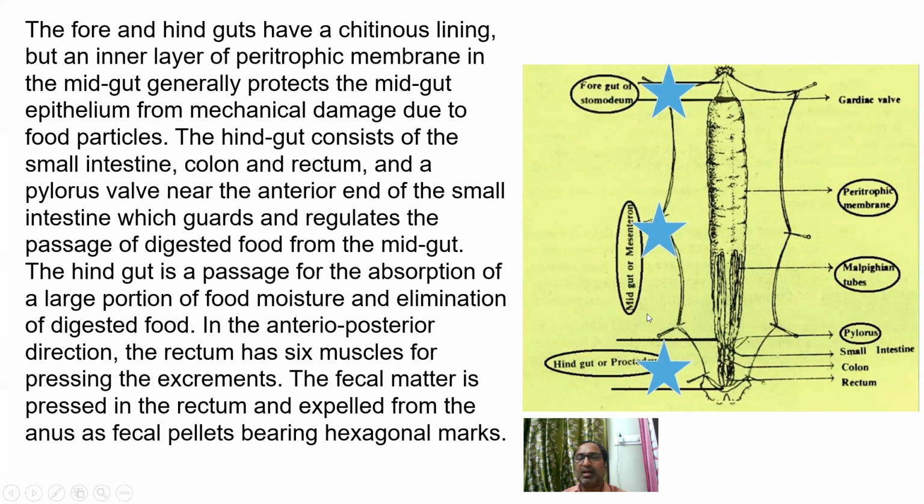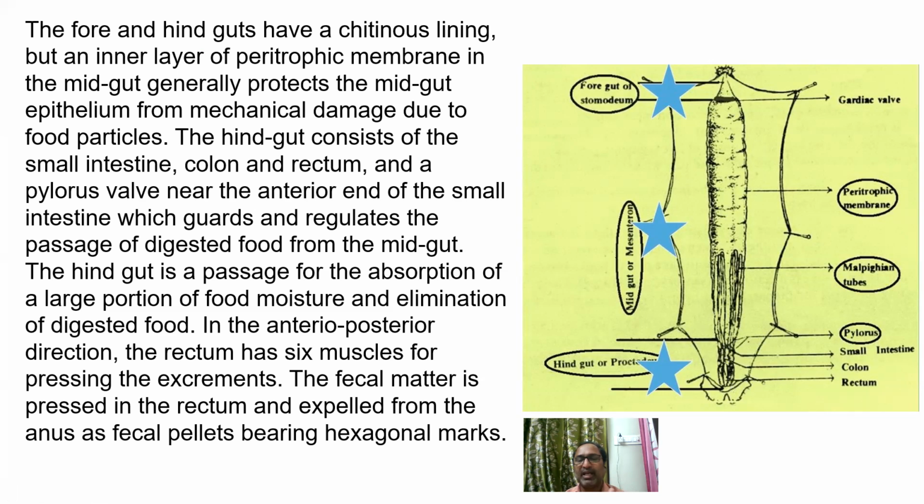Likewise in other animals also, the small intestine is mainly concerned with the absorption of the food material and also elimination of the undigested food material. The rectum, of course not visible in this slide, has 6 muscles for pressing the excrements.